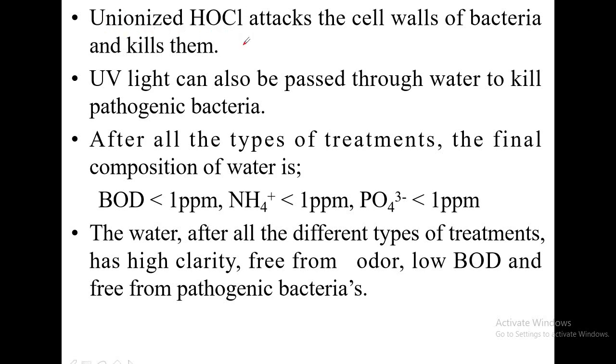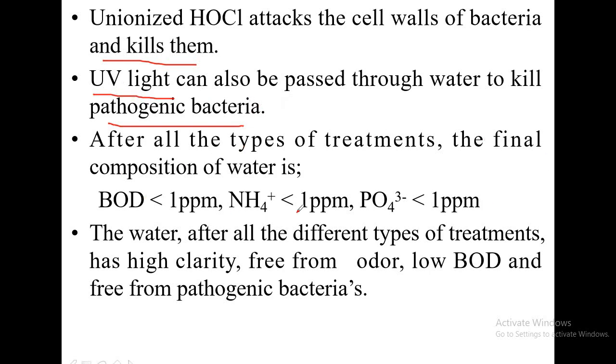It attacks the cell walls of the bacteria, and as a result all the disease causing bacteria will be killed. UV light can also be passed through the water in order to kill pathogenic bacteria.